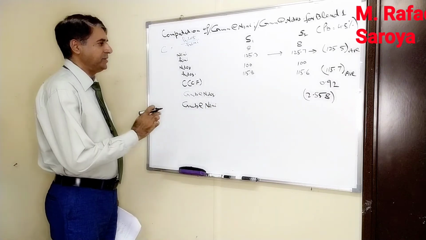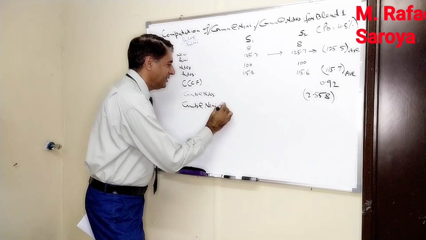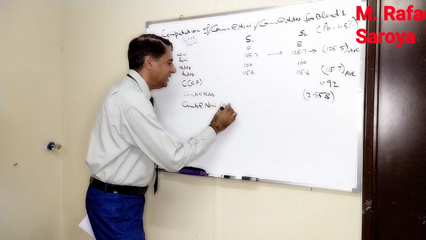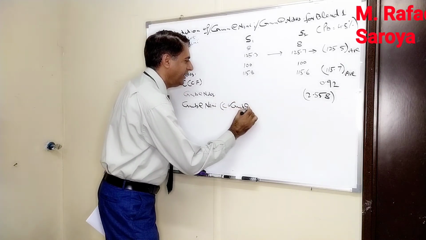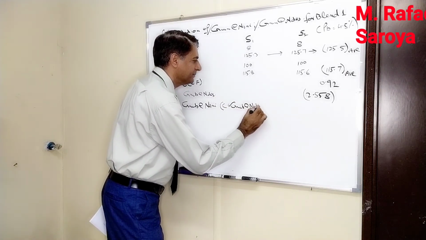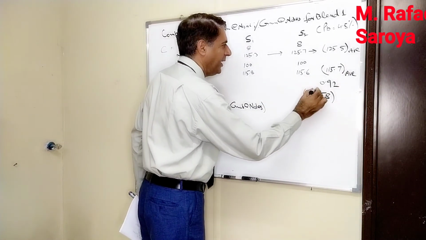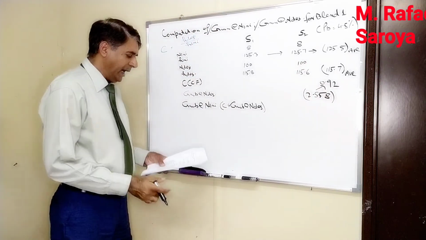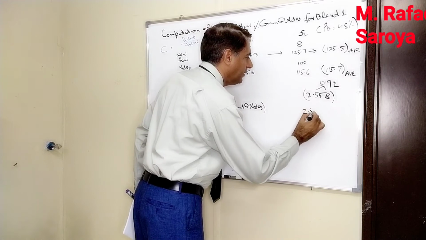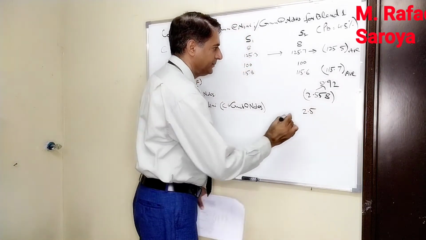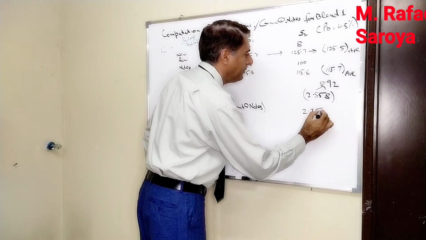How will we find this one? Let me tell you. In brackets I will write C times Gmb at N design. It means this value would be multiplied by this value. After their multiplication, I get this value, 2.354.